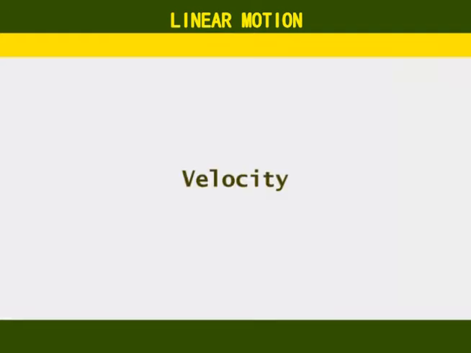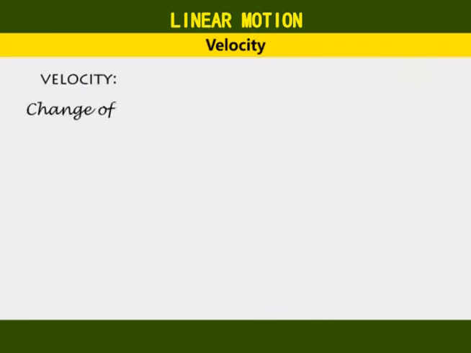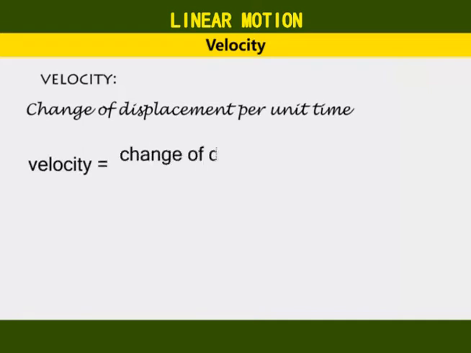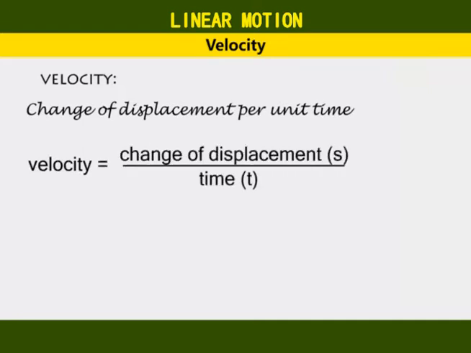Next, we move to velocity. Now, velocity is defined as change of displacement per unit time. It can also be taken as speed in a specified direction. Mathematically, velocity is equal to change of displacement s over time t. The SI unit of velocity is meters per second.